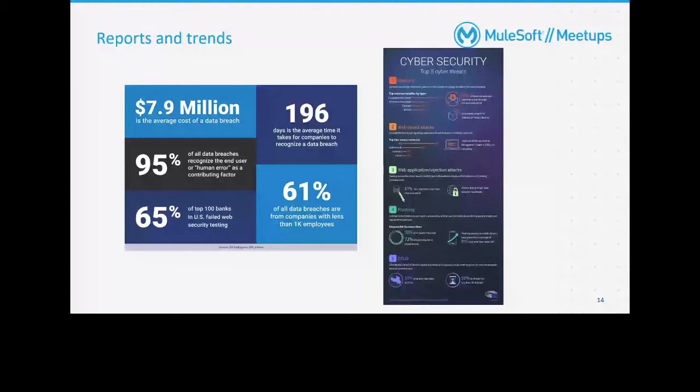And then you have web-based attacks. These are number 2, and largely there are APIs involved here. And then you have web applications or injection attacks, again very popular. Phishing attacks and DDoS, which we all know. These are just to make any service or any application unavailable, a denial of service. So these are the top 5 cyber threats that have been identified.